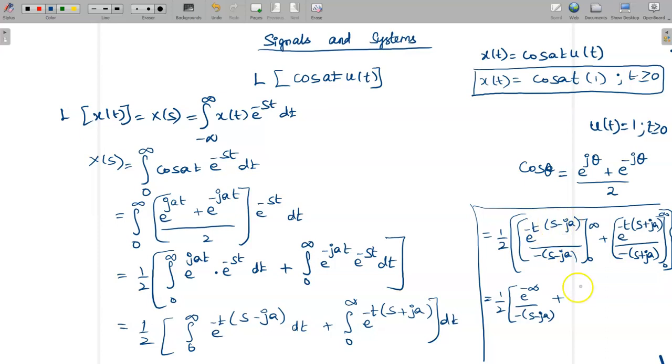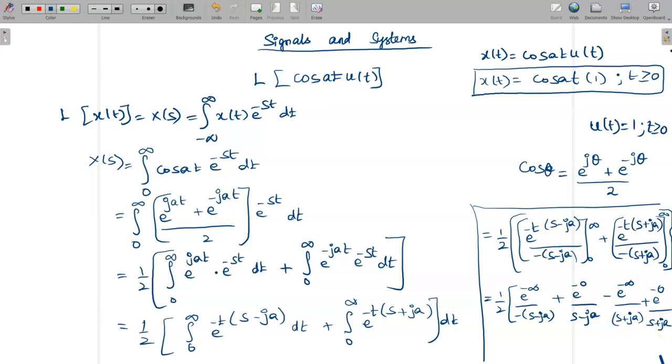Again 0 into any value is 0, so e power minus 0 divided by (s minus ja). Apply the upper limit here: it becomes minus e power minus infinity divided by (s plus ja). Apply the lower limit, minus into minus becomes plus, so e power minus 0 divided by (s plus ja).